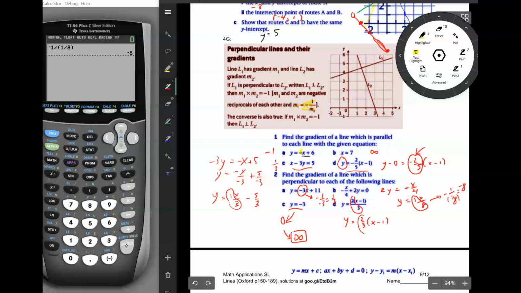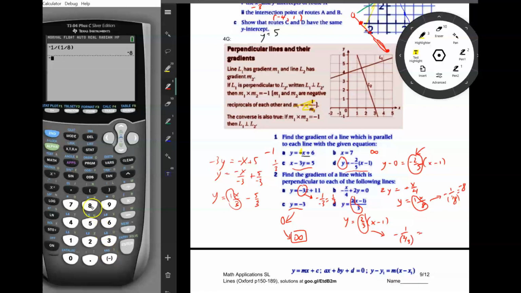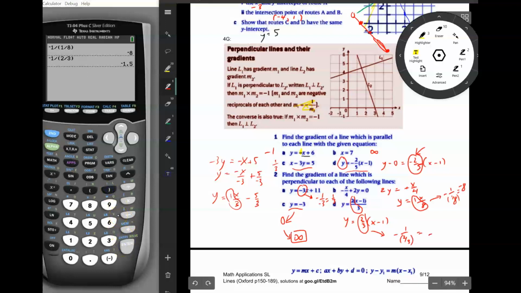So our gradient is 2/3. What is the perpendicular to 2/3? It would be -1 over 2/3, which is actually -3/2, but let's do it in the calculator. -1 divided by 2/3, which is -1.5. Okay, and that's it for this page.